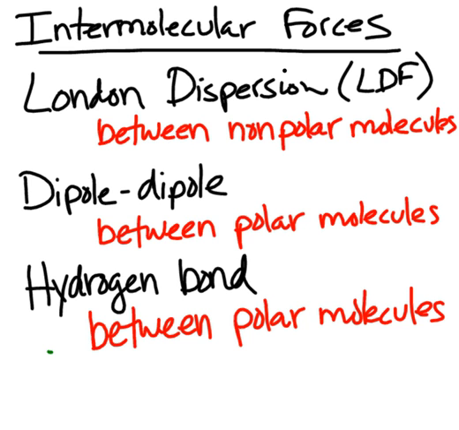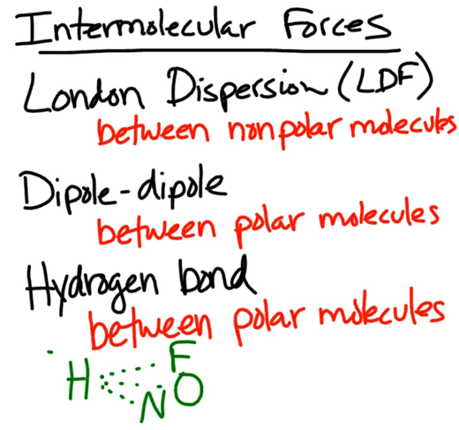They must have a hydrogen on one of the molecules being attracted to either a fluorine, an oxygen, or a nitrogen. Okay, so I'll give examples of these, but a hydrogen of one molecule being attracted to another.